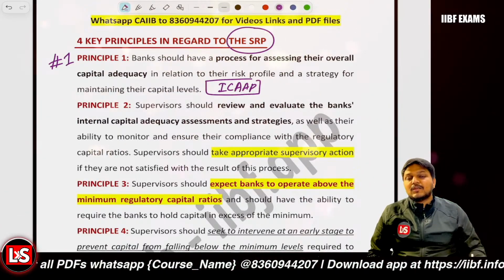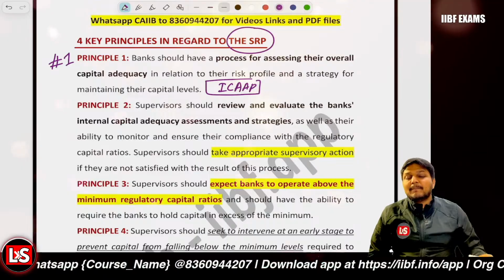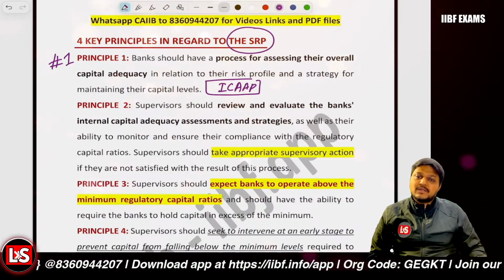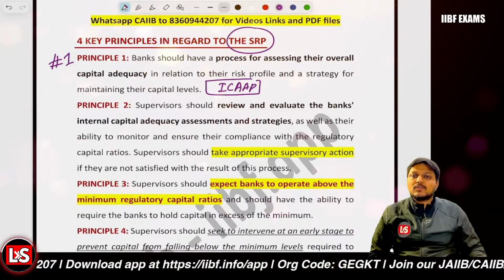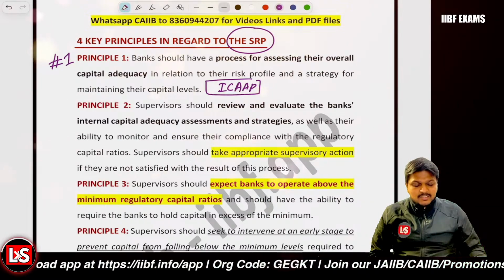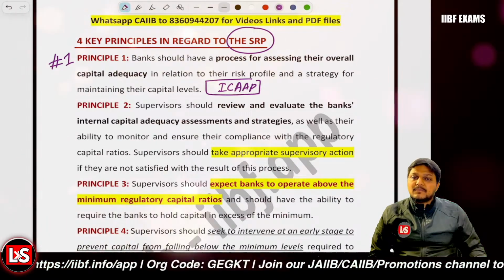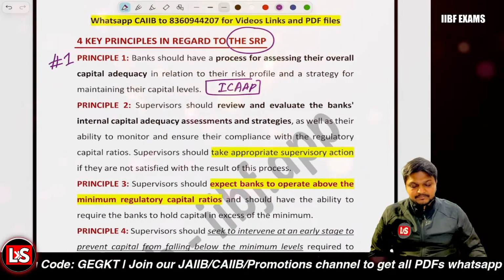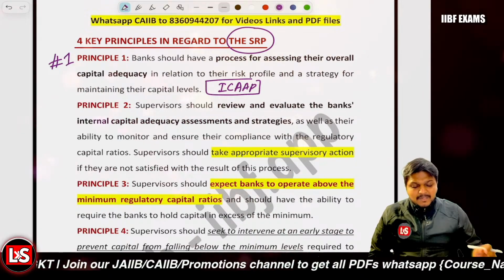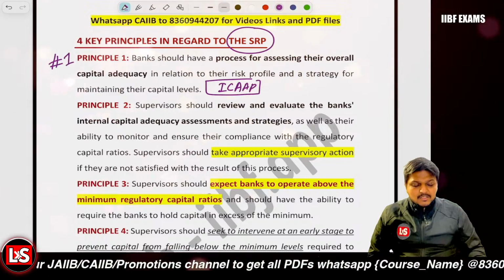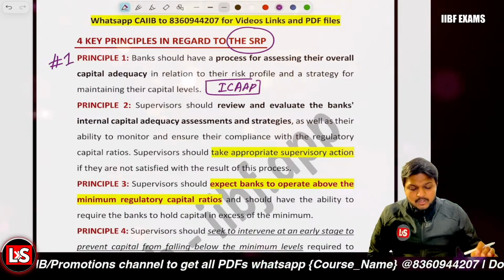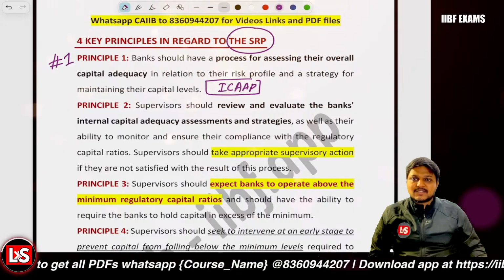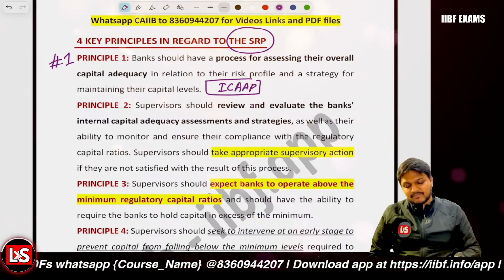The bank must assess its capital adequacy based upon its risk profile and its business strategy, right? Banks must have a process to assess the overall capital adequacy. That's key principle one.